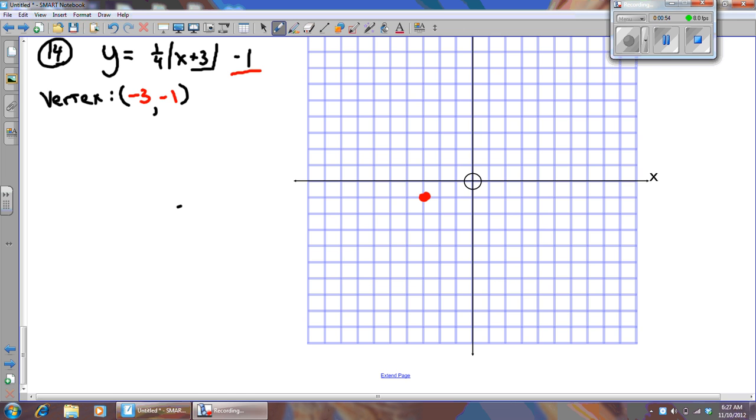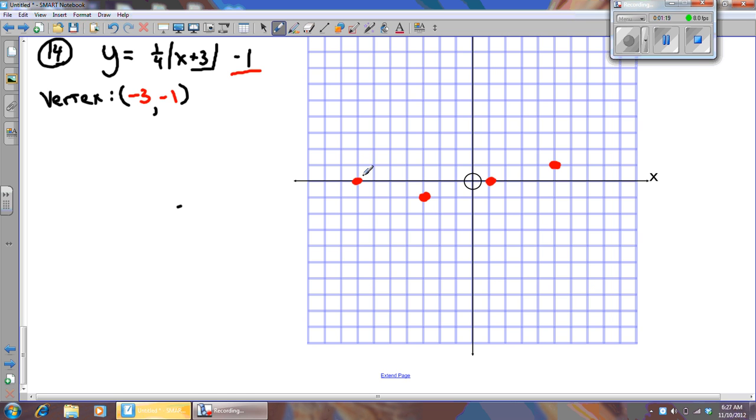Now from here I can use my slope. It looks like it's 1/4, so I'm going to rise 1, go 1, 2, 3, 4. Of course I can go back to the vertex and go up 1, back 1, 2, 3, 4.